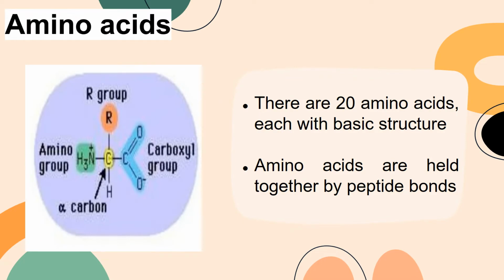Okay, and lastly, we have the amino acids. There are 20 amino acids, each with a basic structure. Amino acids are held together by peptide bonds. We all know that amino acids are the building blocks of all biological proteins.